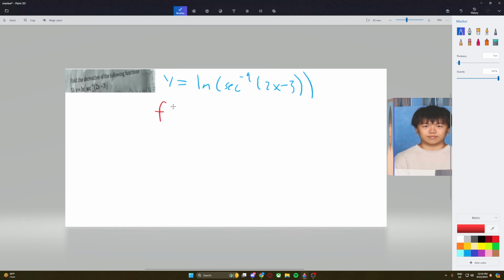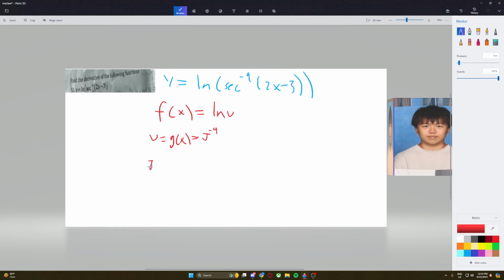We got an ln u, where u equals g of x, which equals j to the negative 9.